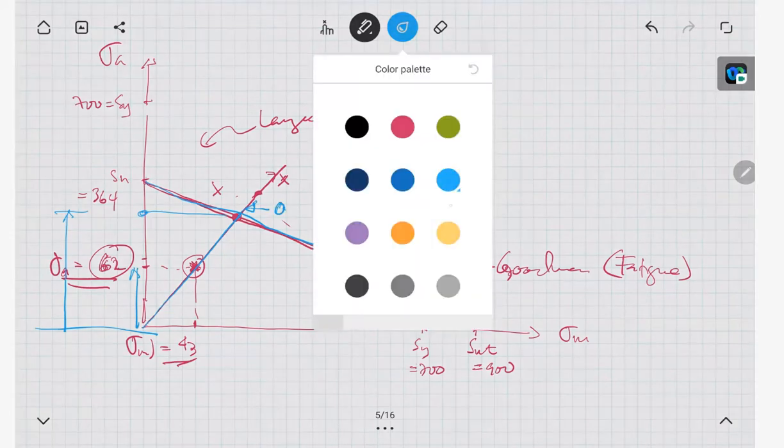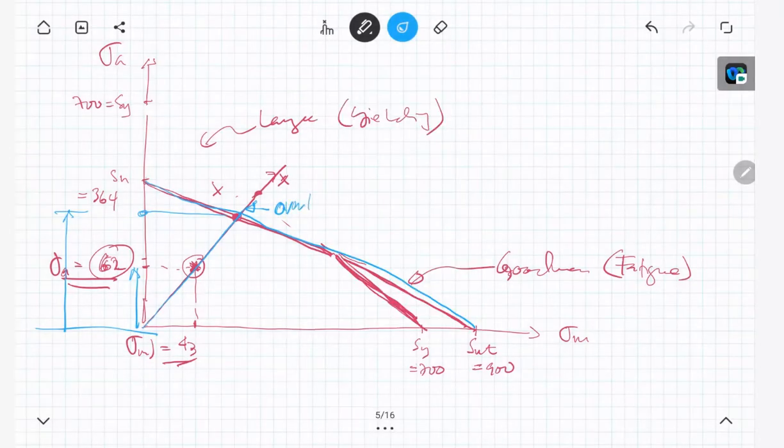Overload causing eventual failure. Okay, this value is the eventual failure, just the border, the maximum before eventual failure.